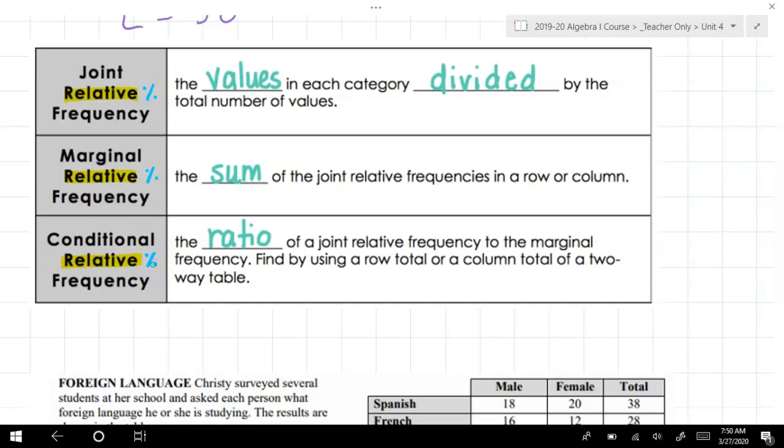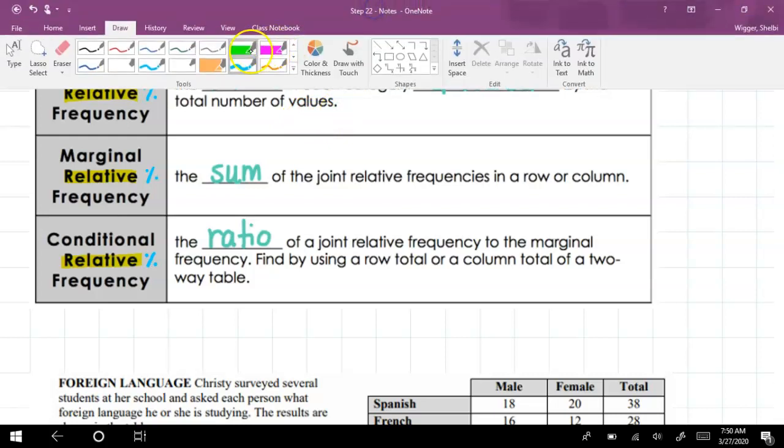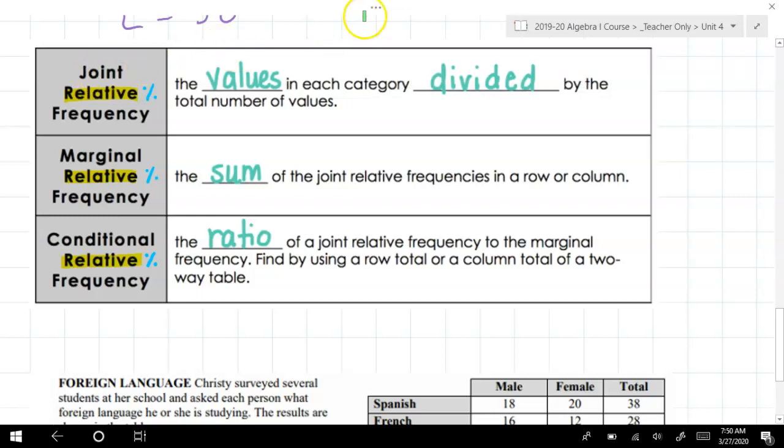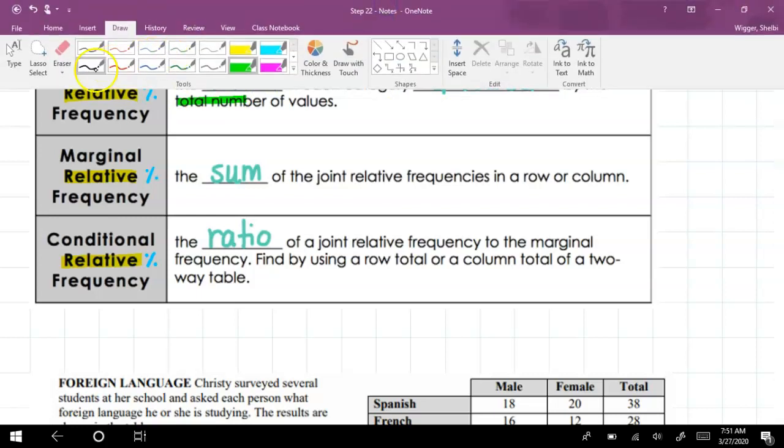So the joint relative frequency are the values in each category divided by the total number of values. So we take the joint numbers, which are the inside numbers, divide by the total, multiply by 100 to get a percent.